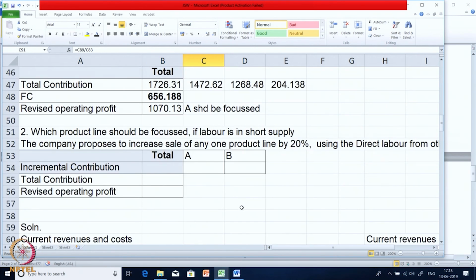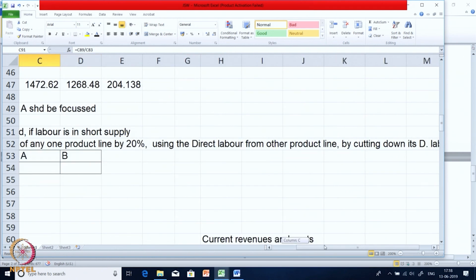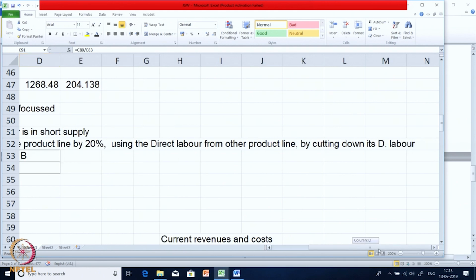Even in the second part, the question was which product line the company proposes to increase the sale of. So the answer is A, and it will increase the sale by 20% by cutting down the labor from B.